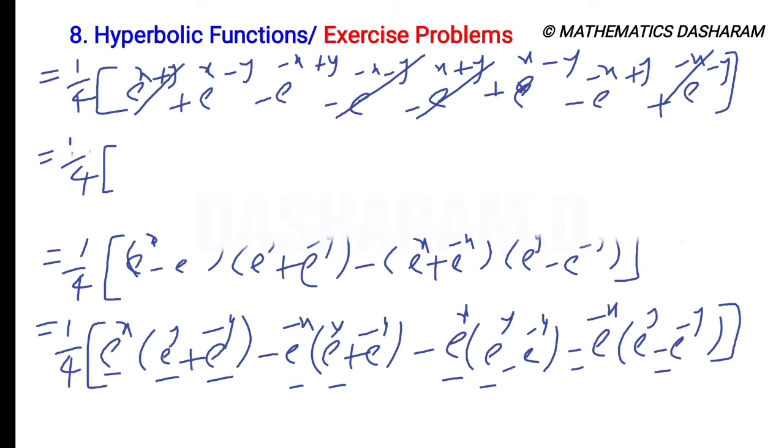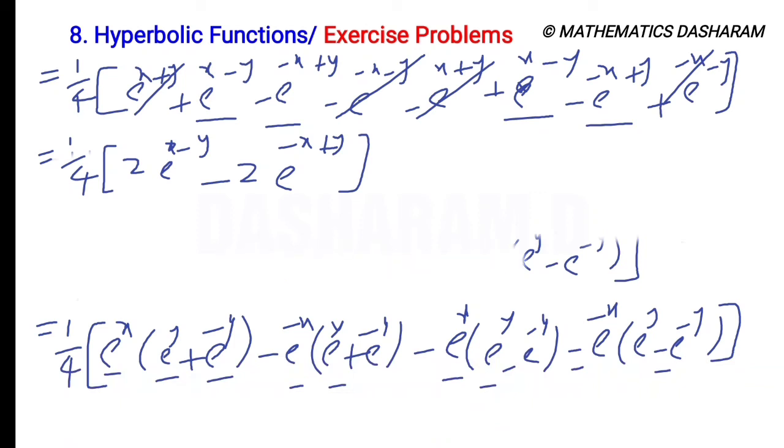So then e to the power of x minus y, here e to the power of x minus y, so 2 into e to the power of x minus y. Next, minus e to the power of minus x plus y minus e to the power of minus x plus y is 2 into e to the power of minus x plus y.